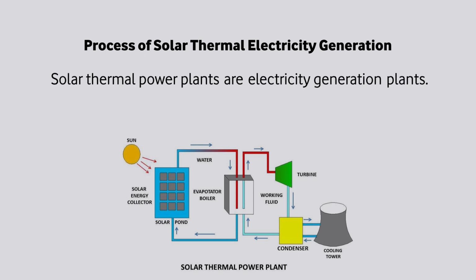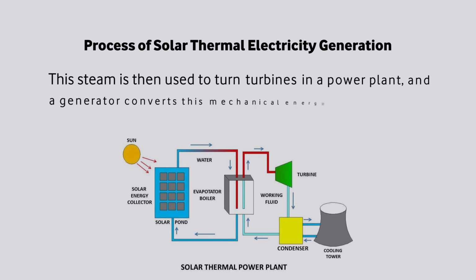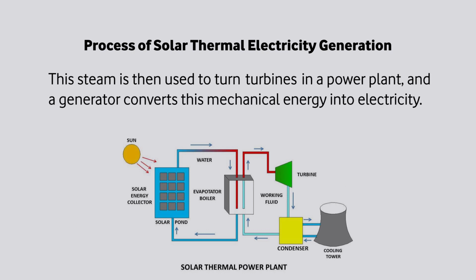Solar thermal power plants are electricity generation plants that utilize energy from the sun to heat a fluid to a high temperature. This fluid then transfers its heat to water, which then becomes superheated steam. Then this steam is used to turn turbines in a power plant, and a generator converts this mechanical energy into electricity.